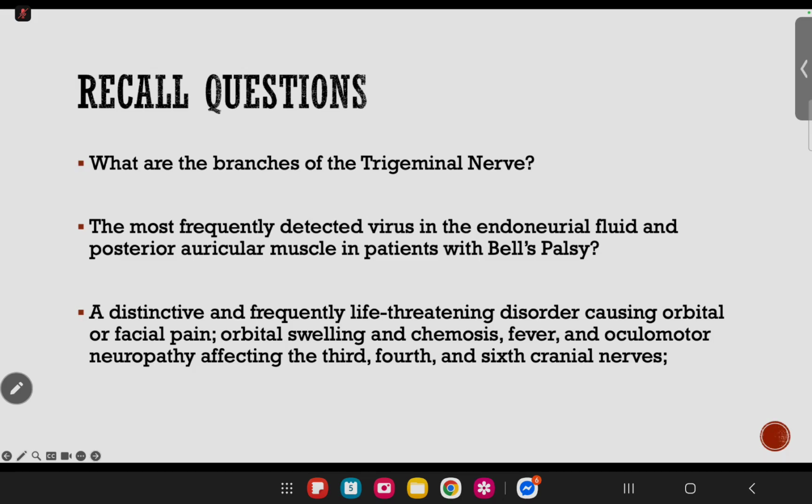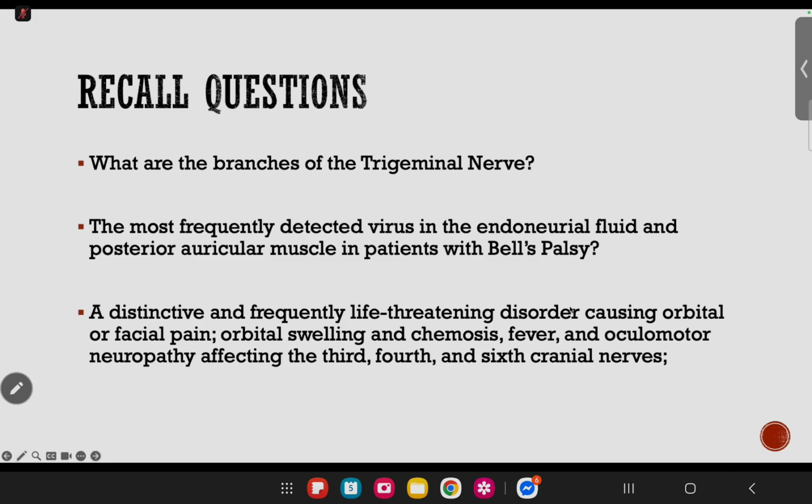What are the branches of the trigeminal nerve? Doc, we answer orally? Yeah, answer orally. V1, V2, V3, Doc: the ophthalmic, mandibular, and maxillary. Okay.